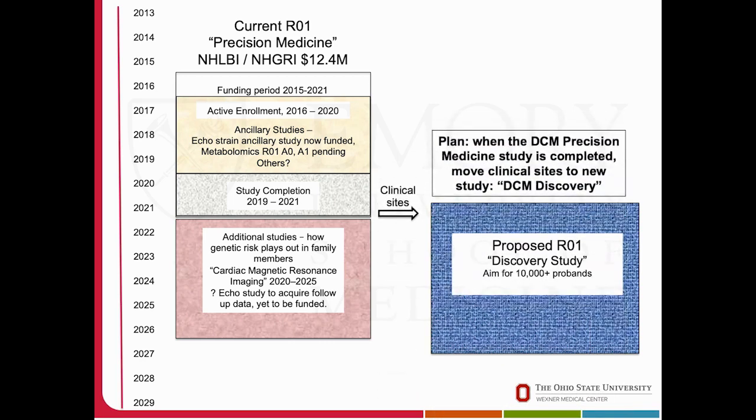The idea is that when we complete enrollment here, we move sites to this new study. We'll see if it'll ever happen. All I know is you can't get something unless you plan it and ask for it. It may not happen, but that's the goal. We absolutely need this scientifically to decipher the complexity issue.